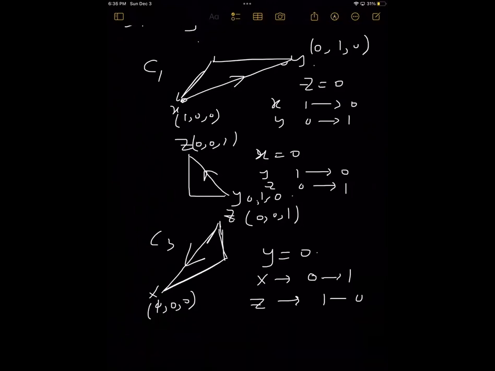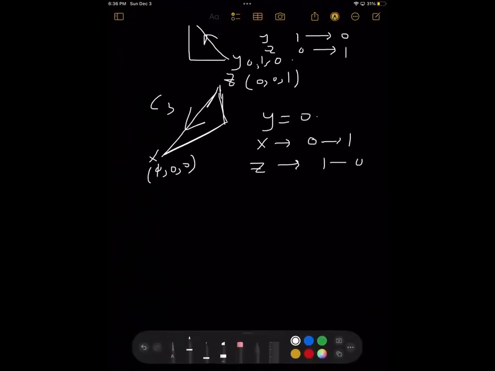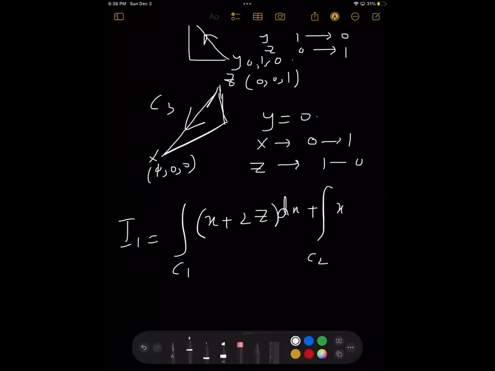We know where x is 0, where y is 0, and where z is 0, so we will apply these in all integrals. Integral 1 is going to be the integral over C1 of x plus 2z dx, plus over C2 of x plus 2z dx, plus over C3 of x plus 2z dx.